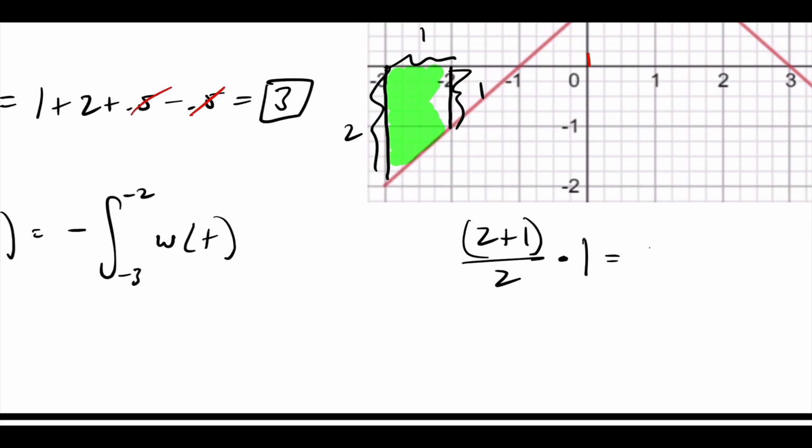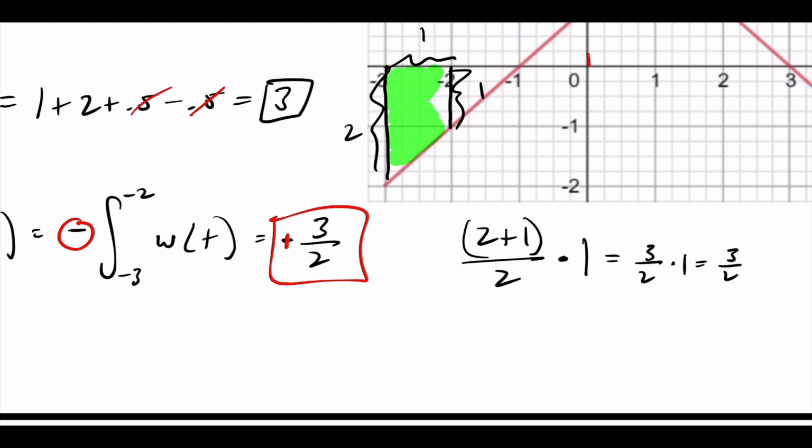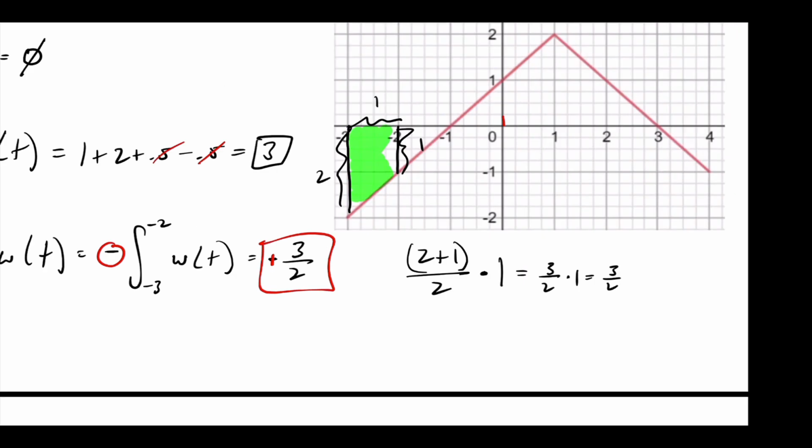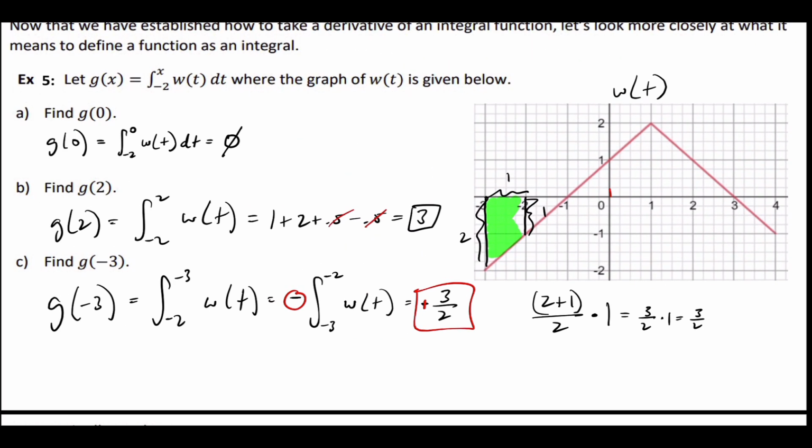And we get 3 over 2 times 1, which is 3 over 2. Now, normally that's going to be a -3 over 2 because it's under the curve, right? But because of this guy over here, it's actually going to be a positive 3 over 2, because anytime you switch the bounds, the sign switches.